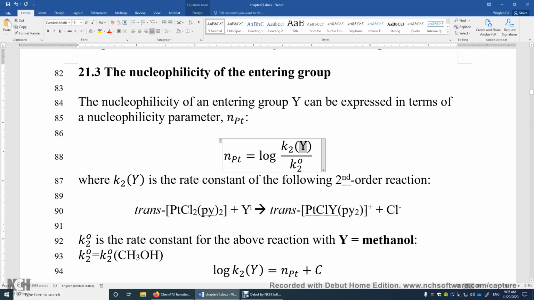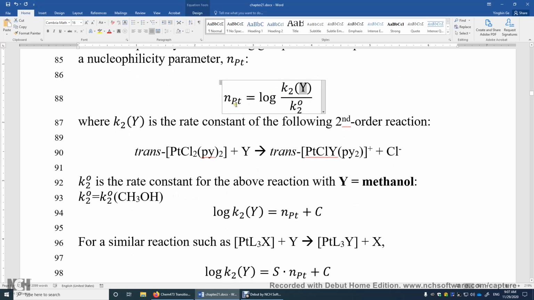Y is about to replace one of the two chlorido ligands. We just measure the reaction rate constant for this one. And then we compare this reaction rate constant when we have methanol here instead of Y. That's our reference.